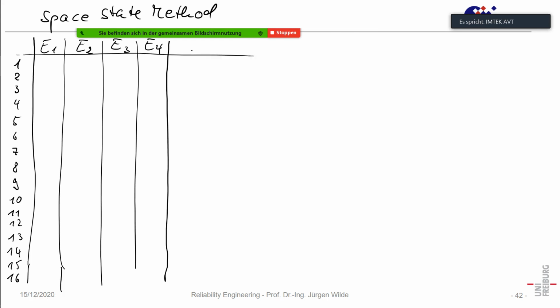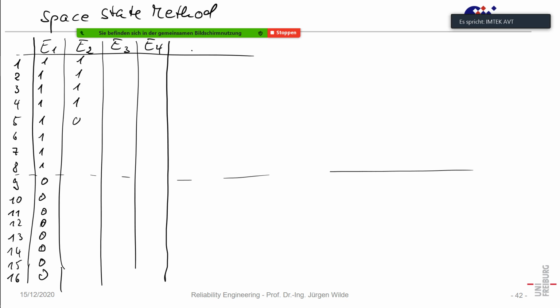And in that case, we could say, okay, element 1 just can be up, so it's functioning. Or it can be down. Then we combine it in a systematic way. 1, 1, 1, 1, down, down, down, down.